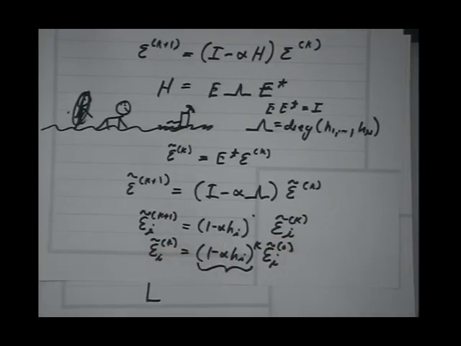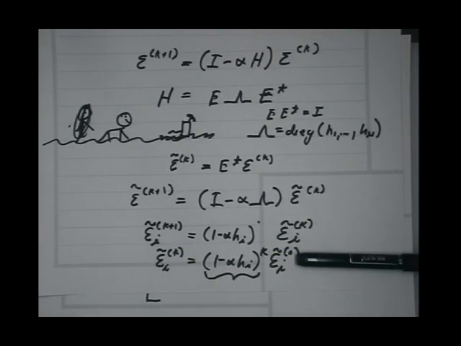When each coordinate evolves independently, if you multiply by some number 10 times, you've just multiplied by that number to the power 10. So this is the decay rate. This is how it evolves with time. Each mode of the error in your solution decays exponentially with the rate 1 minus alpha h_i to the k.